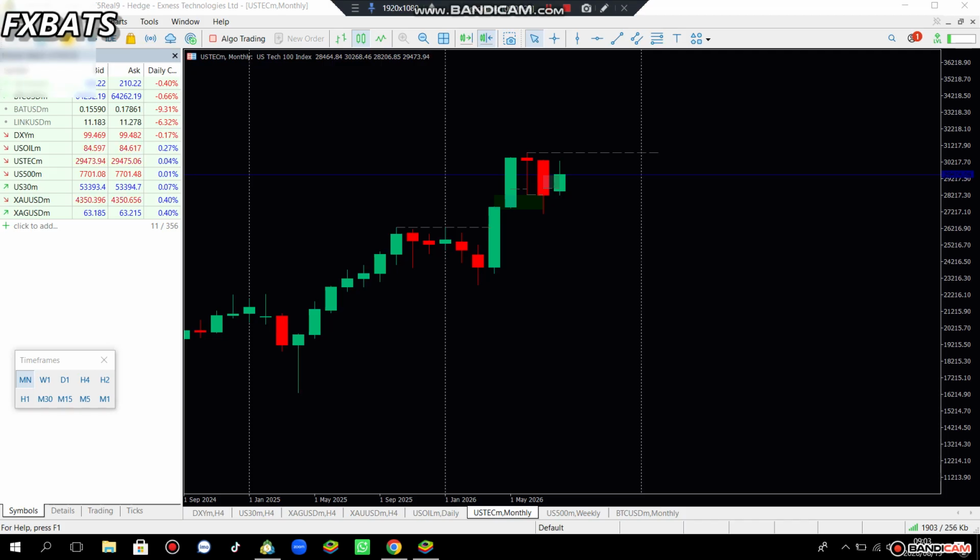According to the previous candle, it rejected off of this monthly fair value gap. So basically, we're hoping to see our draw on liquidity on the buy side, as you could see at the all-time highs.